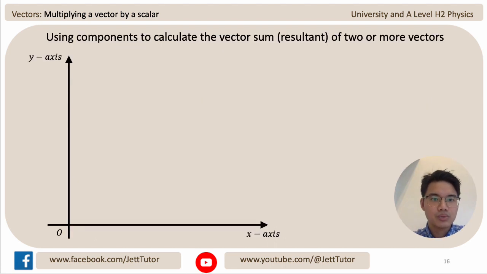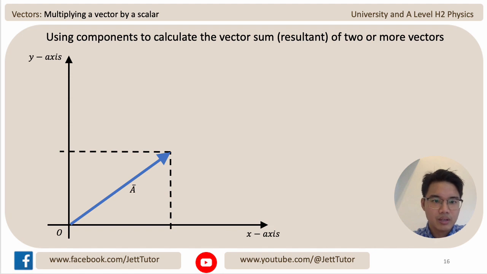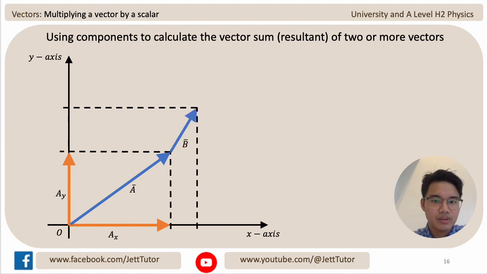Using components to calculate the vector sum of two or more vectors. Let's say we have a vector A. What are the components of vector A? ax and ay. And then we have a vector B. What are the components of vector B? bx and by.